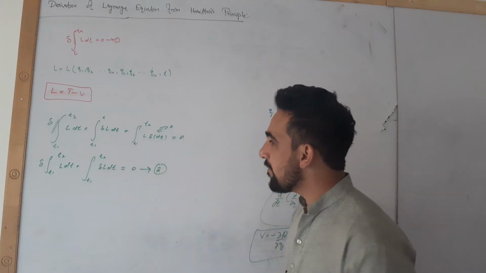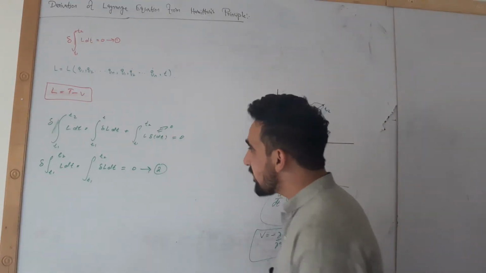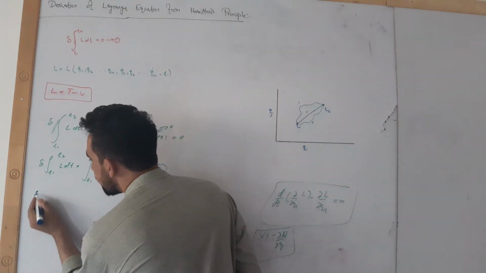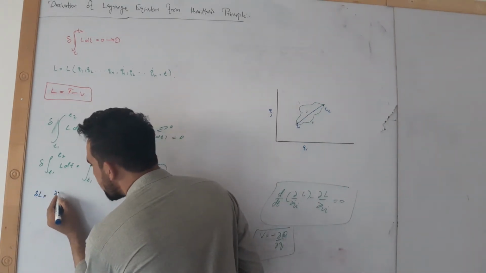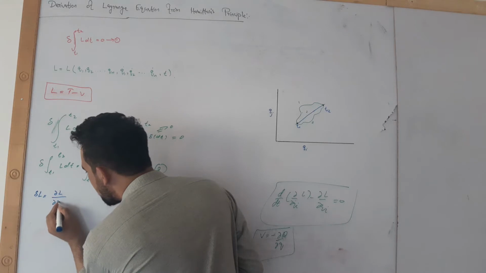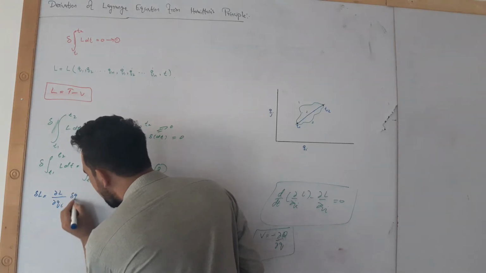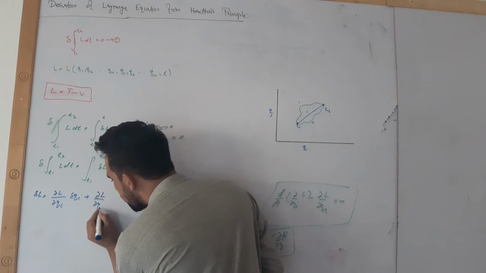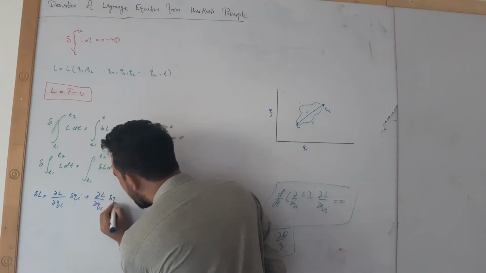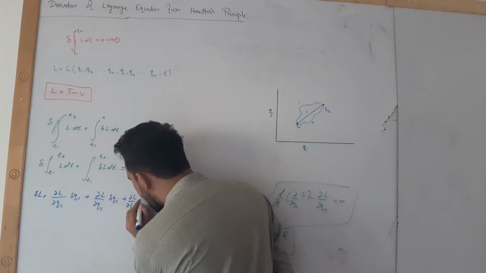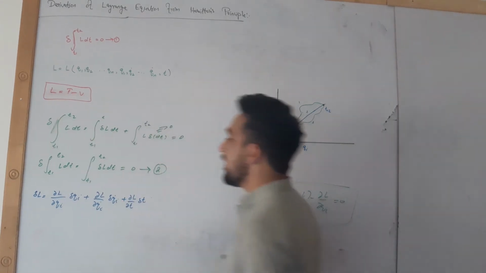Considering δL from equation number 2, we can write δL as ∂L/∂qi δqi plus ∂L/∂q̇i δq̇i plus ∂L/∂t δt.